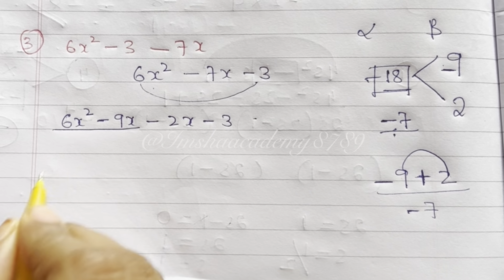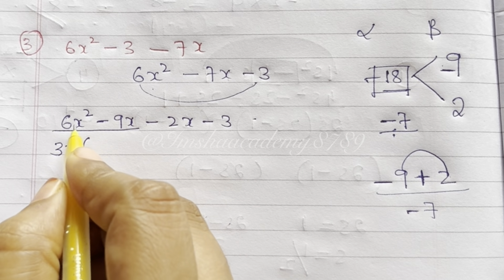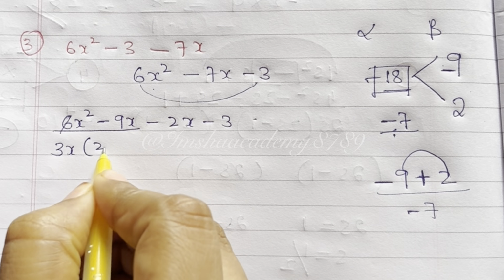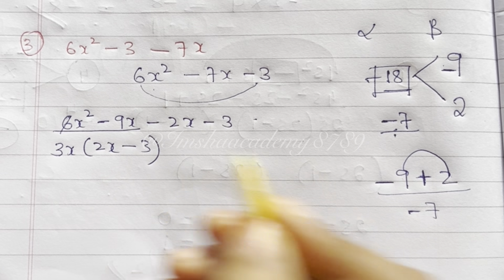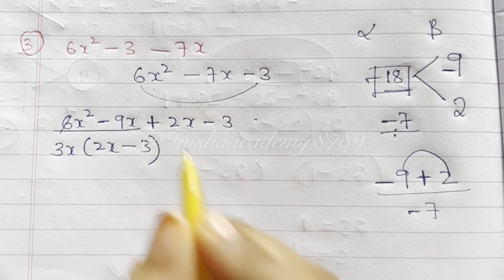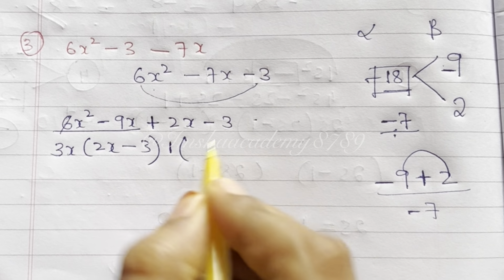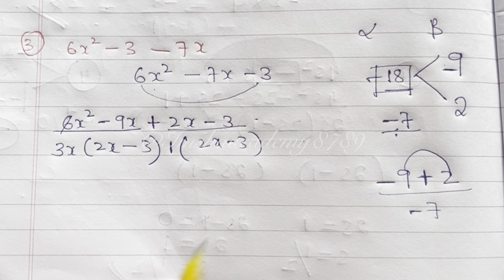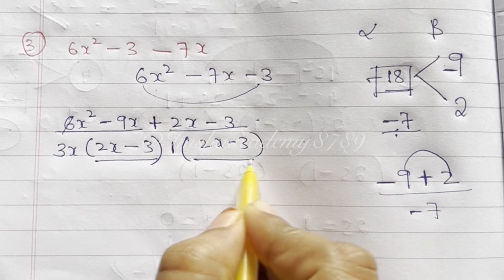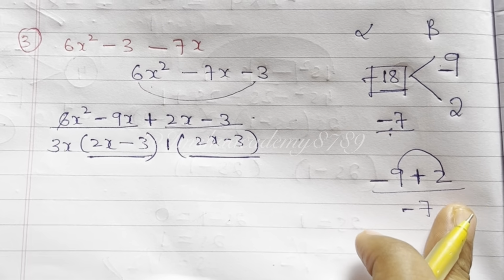What is common here? 3x is common. So what is remaining inside? 2x, right? 2x minus 3 is remaining inside. Sorry, here it is plus 2, okay, plus 2x. So I will write 1 outside. It means 2x minus 3 is remaining inside. Remember that these two should be the same, otherwise you have made some mistake in your calculation.